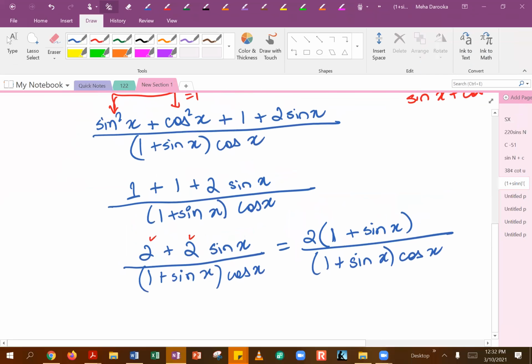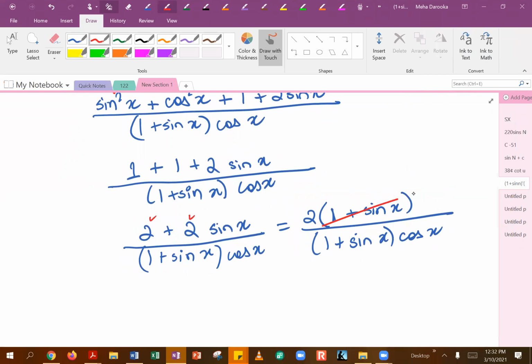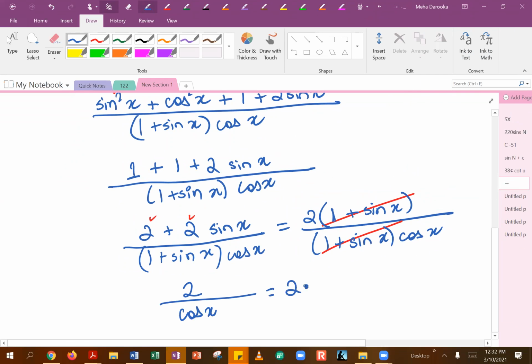So, after all of that, you can see we are able to simplify this into a very small term, because you will end up with 2 on the numerator and cosine of x on the denominator. Remember, we defined 1 over cosine of x as the reciprocal, the secant function. So this will actually become 2 times secant of x.